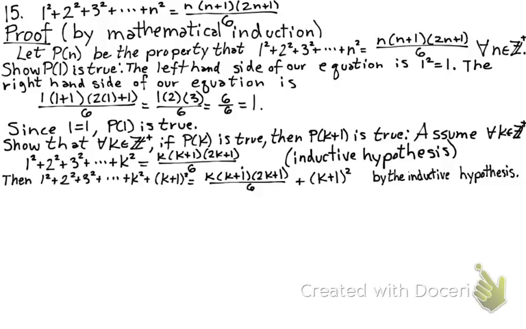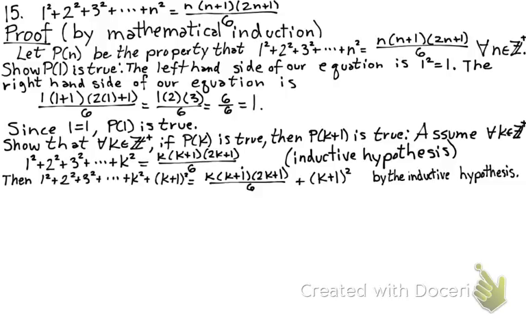How can we relate these two things together? We have a fraction and something that's not a fraction. Why don't we make our thing that's not a fraction into a fraction over 6? Because we know in the end where we're going. That's a nice thing about mathematical induction. We know where we're trying to end.